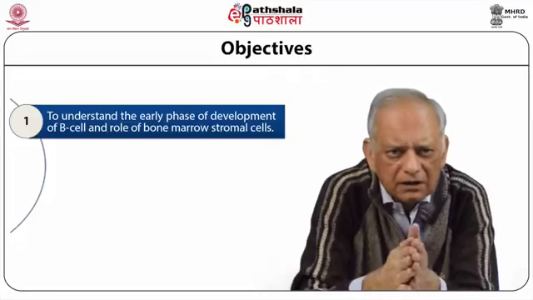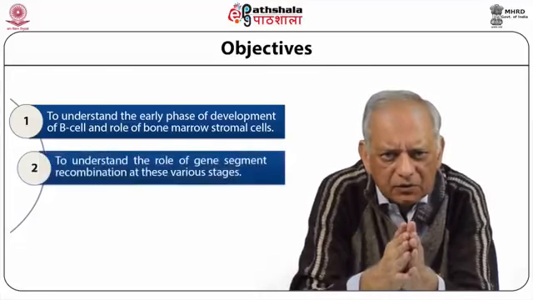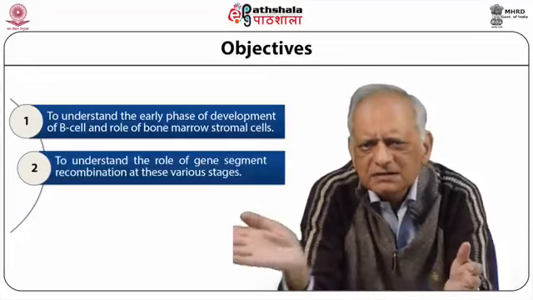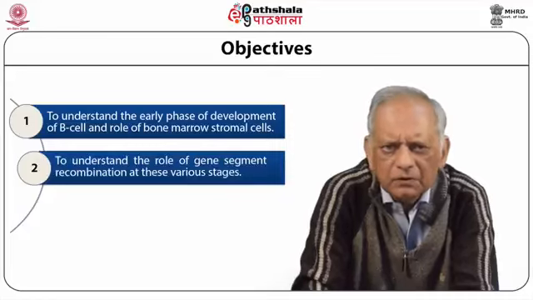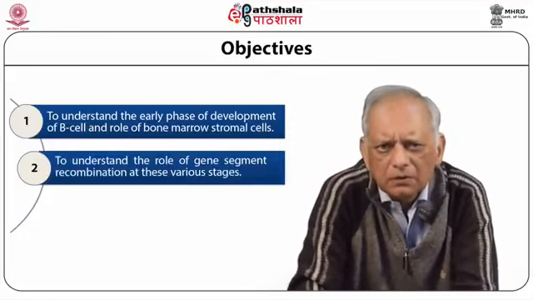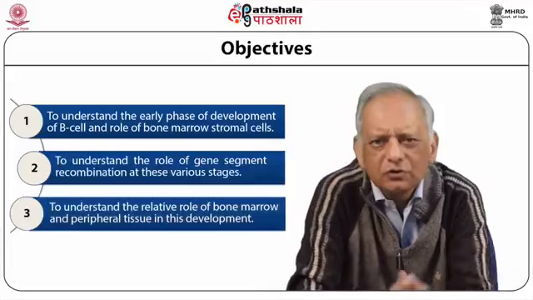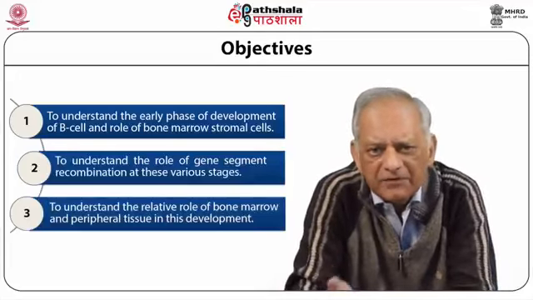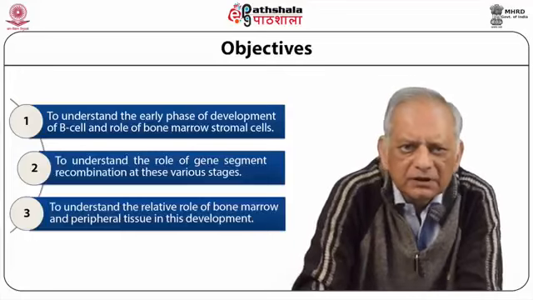We will also understand the role which is played by the gene segment recombination at these various stages. We will also look at the relative roles of the bone marrow and peripheral tissue in these developments.